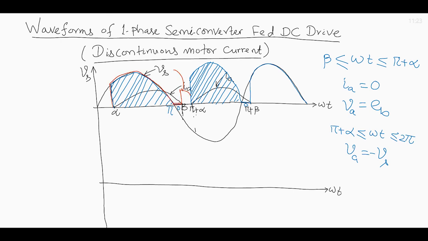This is the interval from beta to pi plus alpha when V A is equal to back EMF E B. This is pi plus beta, this is pi plus alpha.